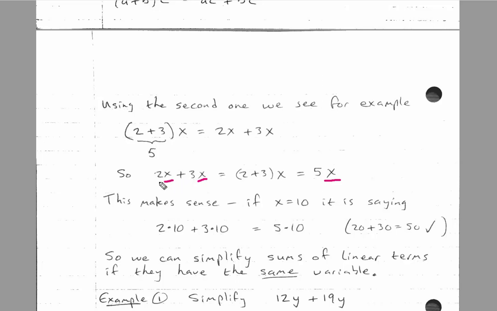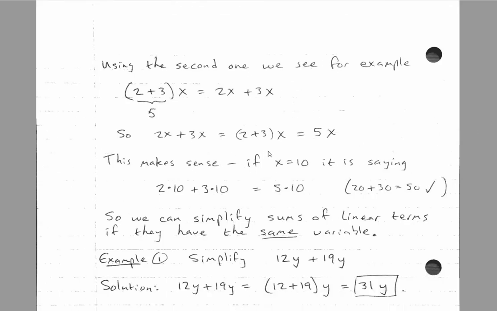And it makes sense. 2x's plus 3x's, how many x's? 5 x's. And don't forget, x just represents some unknown number. It could be 10, it could be 100, could be 13.63, so any number.